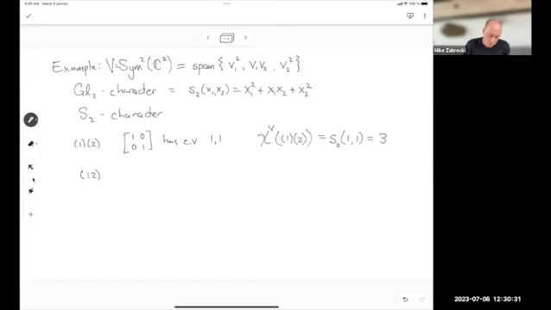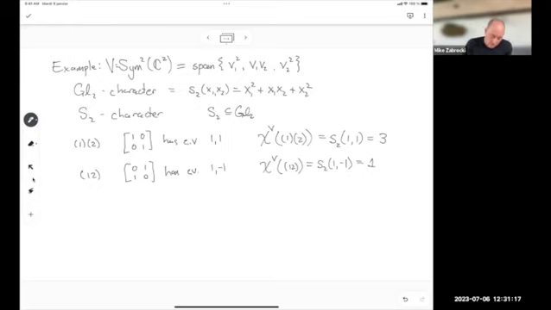And the transposition has this as its matrix, so I'm looking at S2 sitting inside of GL2. And it has eigenvalues 1 and minus 1. So chi V of 1, 2 is going to be S2 of 1 and minus 1. And if I plug that into my GL2 character, that's going to be equal to 1.